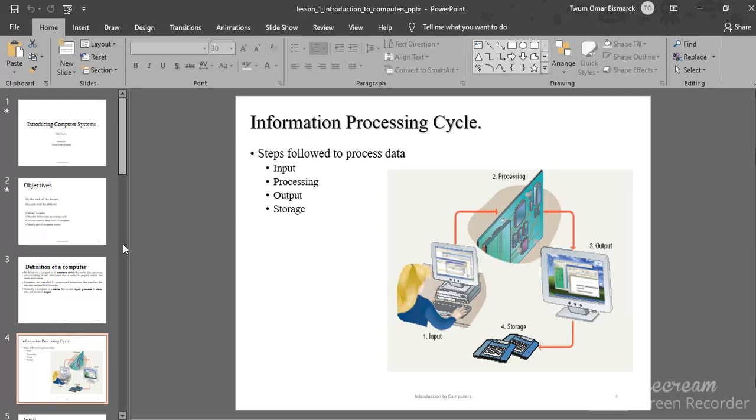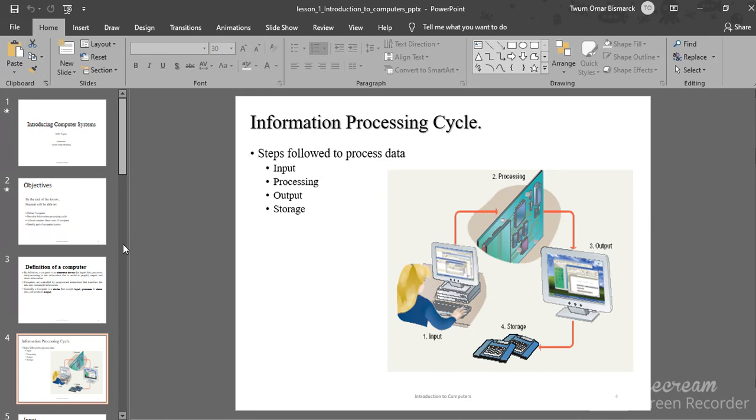These are the steps followed to process data. When you look at the right side of the screen, you see a picture showing a user, processing, output, and storage.